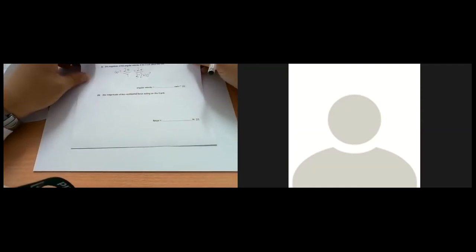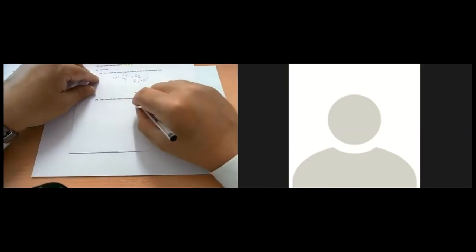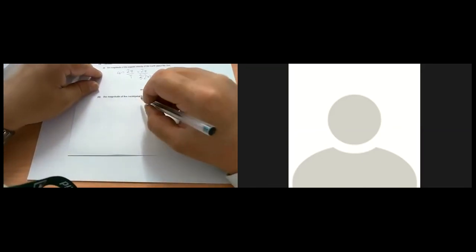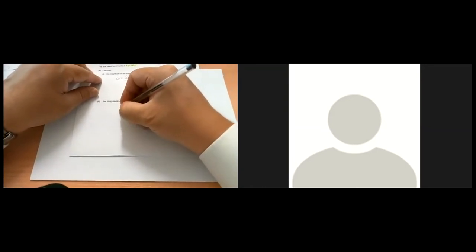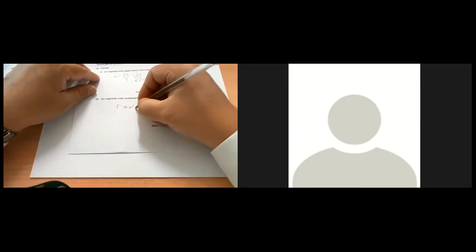Okay. Now, the next thing we do is calculate the magnitude of the centripetal force acting on the Earth. There's a clue here. It says centripetal force. You could try to calculate the gravitational force, but you don't know the mass of the sun, so you can't do that. So we're going to use the centripetal force is m omega squared r.